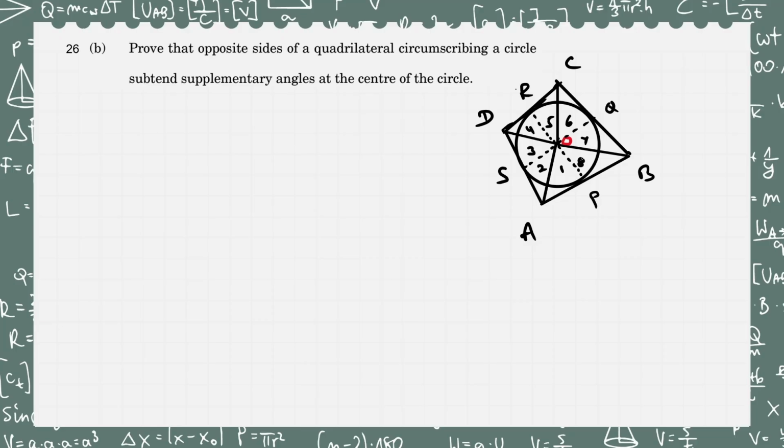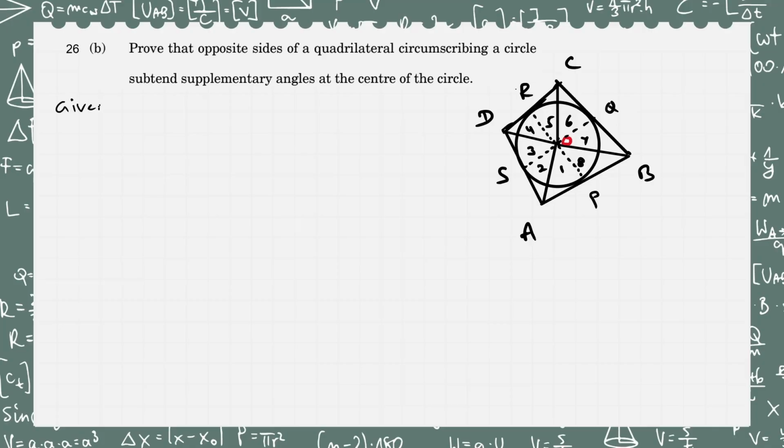Why? Because we need to prove some triangles inside are congruent triangles. That's how we can equate the angles, right? So I have marked the angles with the numbers just for easy reference. So 1 to 8 we have marked the angles. So let's see how we can prove this, right?